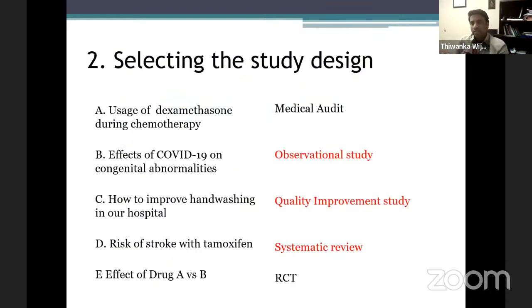In your clinical setting, there are different types of study designs you might come across. I have some clinical scenarios. Let's say for chemotherapy, we want to study the usage of dexamethasone in your unit, and that's usually done as a medical audit. If you want to look at congenital abnormalities with COVID-19 infection, you're not going to give COVID-19 to patients and compare with people without COVID-19.